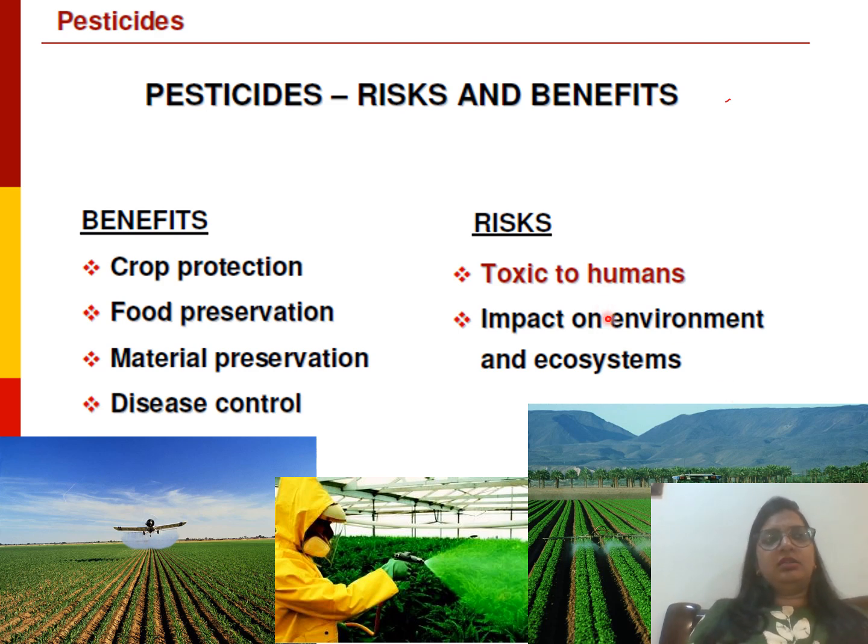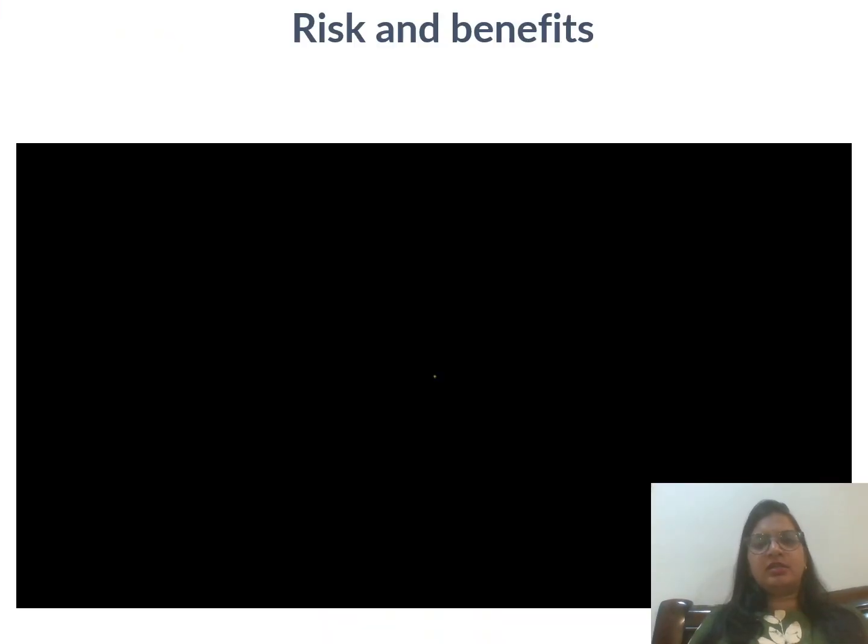In this way, pesticides are very harmful for the environment. But if we talk about the impact of pesticides on human health, there is a long list of negative effects. Let's understand these risks and benefits by watching this very informative video.